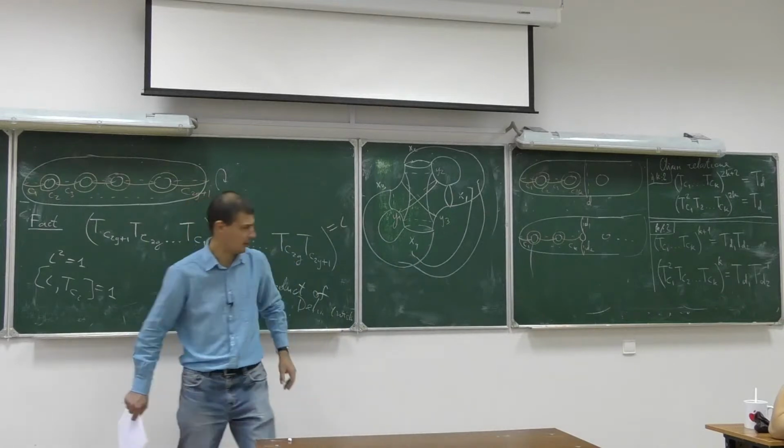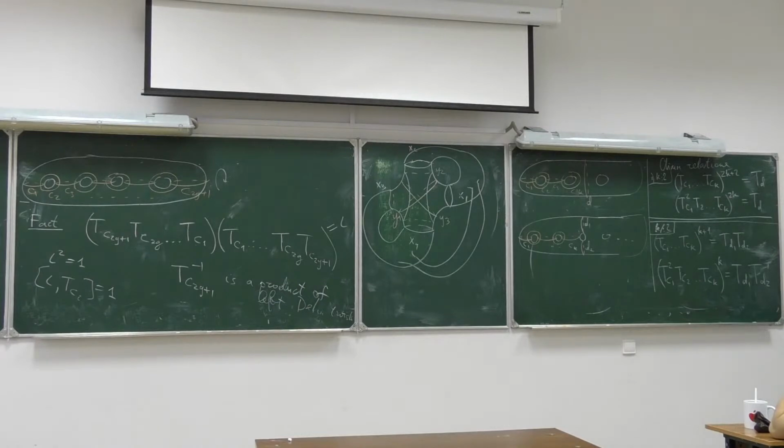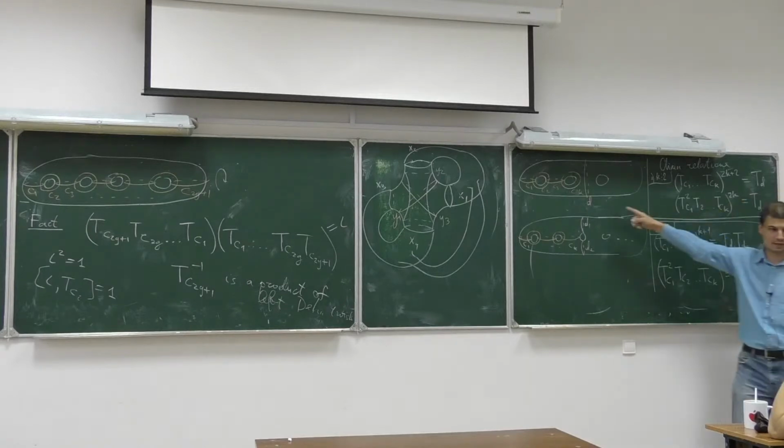Oh, sorry, I need to finish. Just one word. Look here, we see that the Dehn twist about curve D has a root. We have an element whose non-trivial power is a Dehn twist. Here this curve is separating.